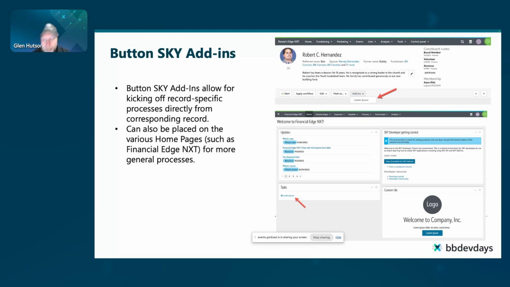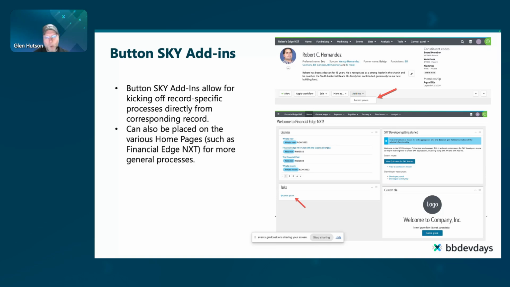this allows you for kicking off certain processes, either directly from a record that has the context information as far as that record, such as, I'm kicking this off from Robert Hernandez, or, for example, from the home pages of our various solutions, such as Financial Edge NXT and Raiser's Edge NXT. You can actually just put those links, those buttons, as far as the task boxes on those pages.